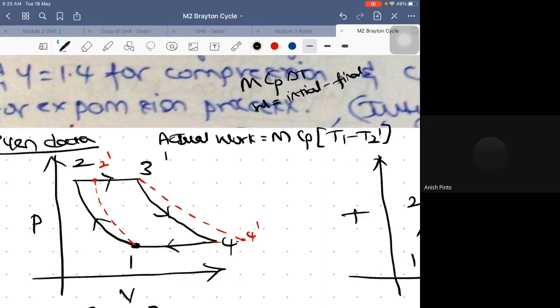For the theoretical, you can even call it isentropic work. Again, it is m Cp delta T. But the delta T you have to consider for the theoretical one, which is this, without the dash. That is T1 minus T2. Am I right?